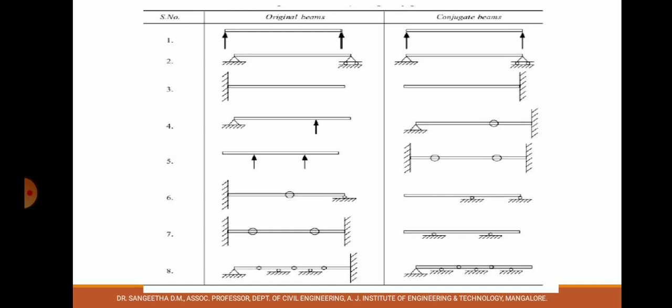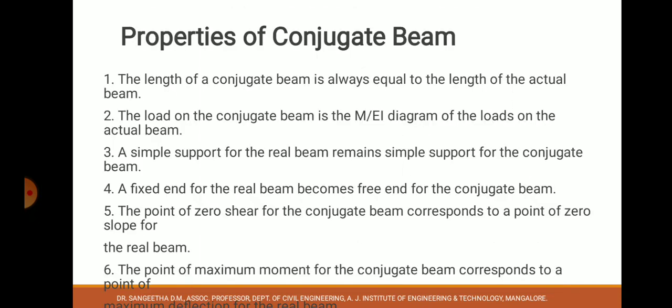In the last case, the support is a hinge. It remains as a hinge. The internal hinge turns to a roller, the roller turns to a hinge, and it swaps. Whereas the end that is fixed will turn to a free end. That is a conjugate beam. That's how you have to write a real beam converted to a conjugate beam.